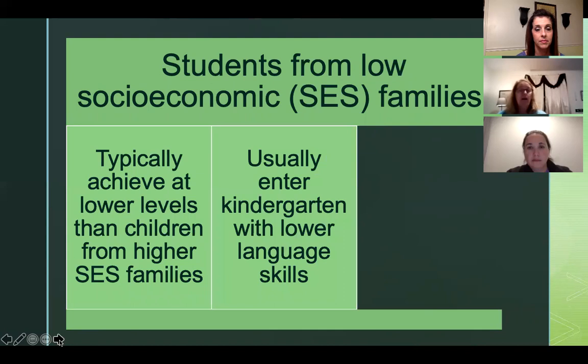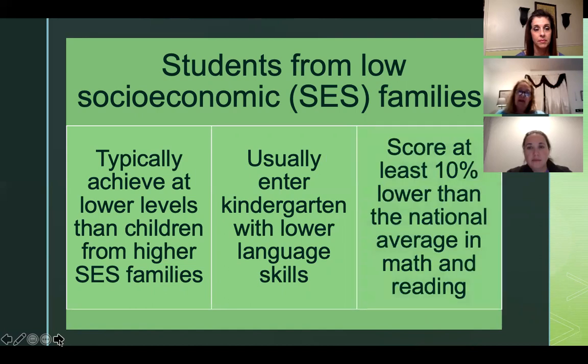They typically enter kindergarten with a lower language skill level. They also score at least 10% lower than the national average for reading and math, which impacts their ability to enter the educational environment on a level playing field.